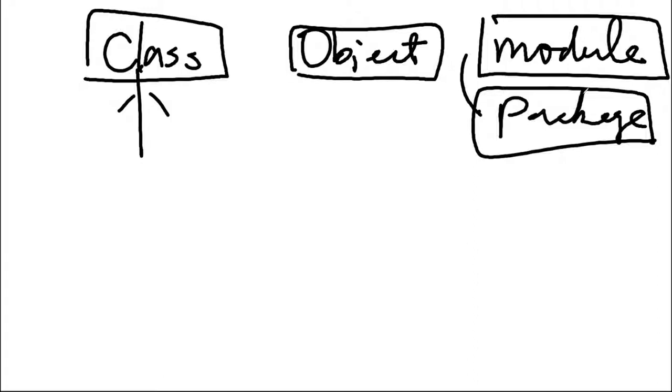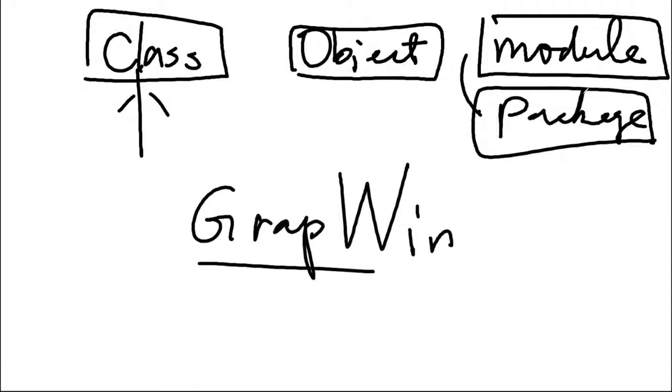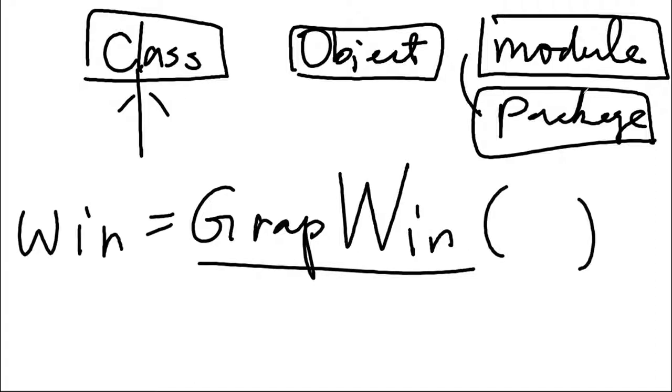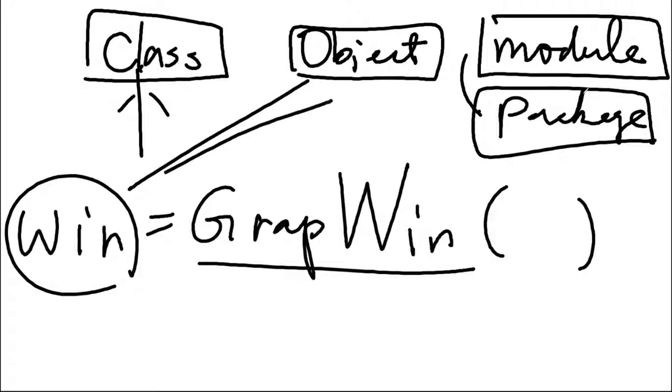You still remember that? Chapter 4, you remember we have this GraphWin. Oh, yeah. And GraphWin actually is a class. When you generate it, you assign it to a win. This win is an object. So what is an object and what is class? Still remember that?